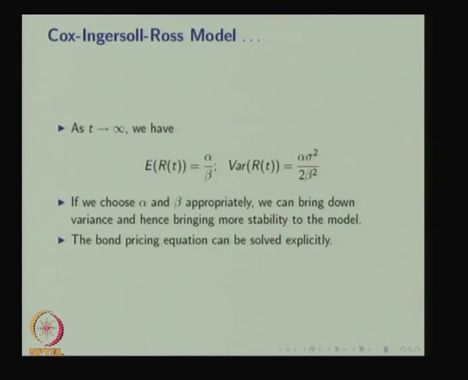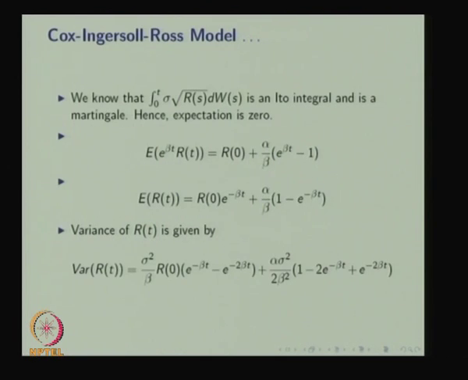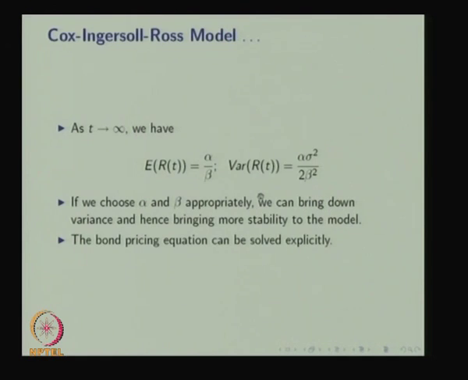Now we are discussing what happens as t tends to infinity. As t tends to infinity, from this equation you can make out this is the expectation of R of t. With the assumption R of 0 is equal to 0, the expectation of R of t is equal to alpha by beta.